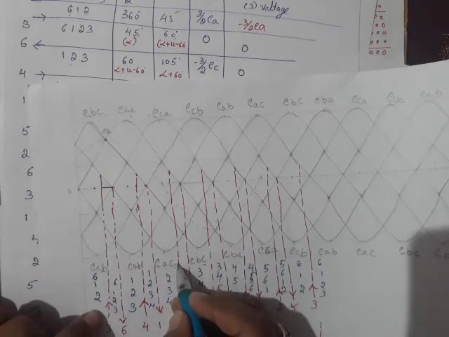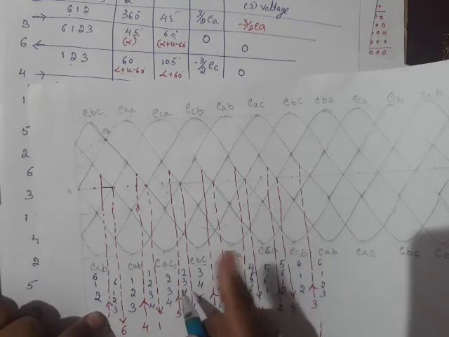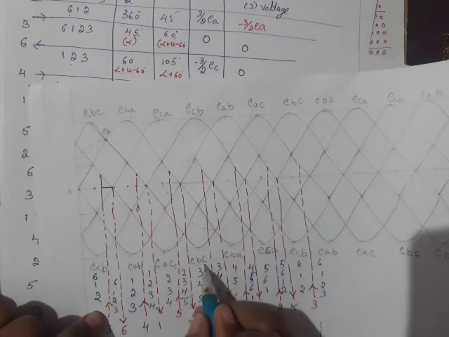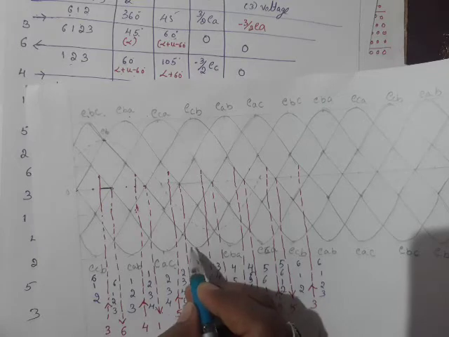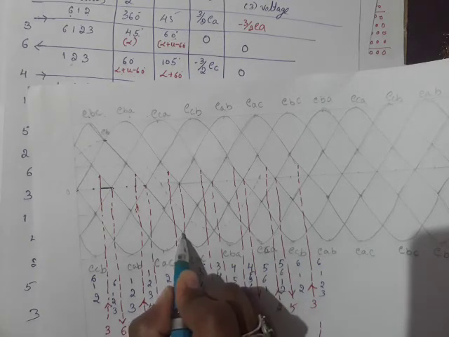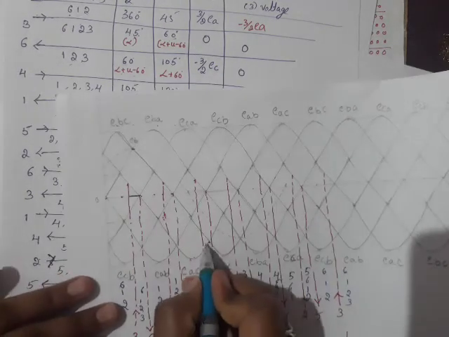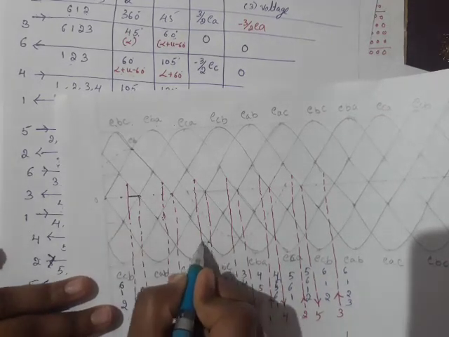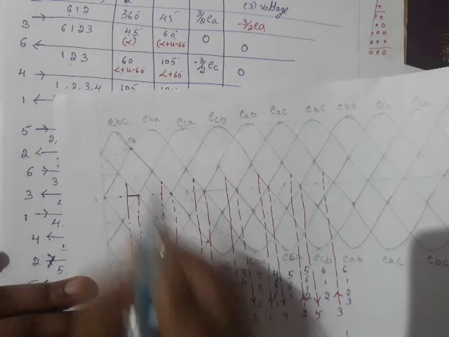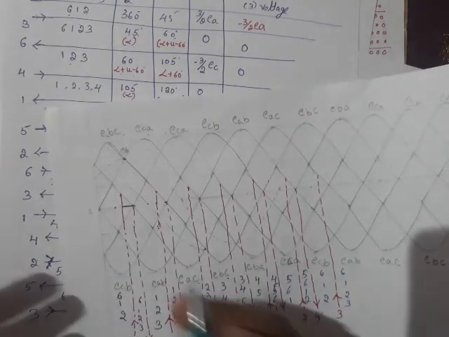In EA minus EC, phase voltage EC is negative. In EB minus EC, phase voltage EC is negative. So EC has to come between these two line voltages at this point. So I just need to drag this and follow here.